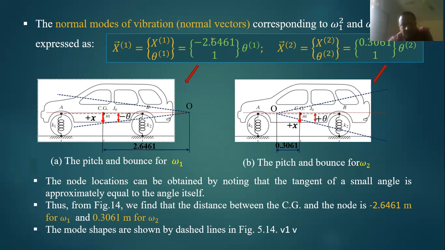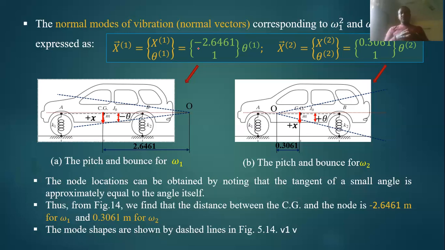Look, this minus 2.6461 implies how far it is from the equilibrium or from the CG position. The node point, or the point of vibration, is behind the CG by 2.6461.